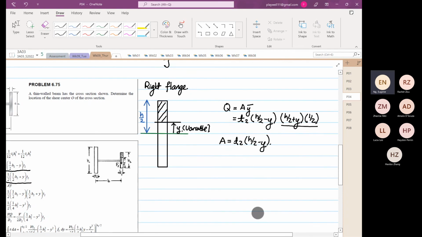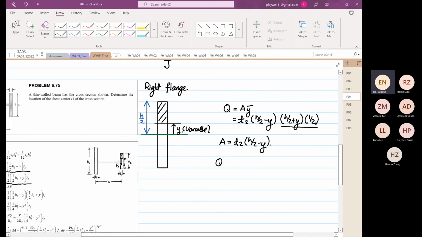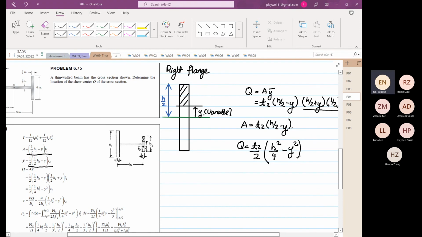So if we were to calculate our Q now, it is equal to T2/2 times h squared over 4 minus y squared. Is it the same? Yeah, it's the same. Does that make sense to you? Yeah, it makes sense now. So again, they did not do all this. They take it from the bottom.